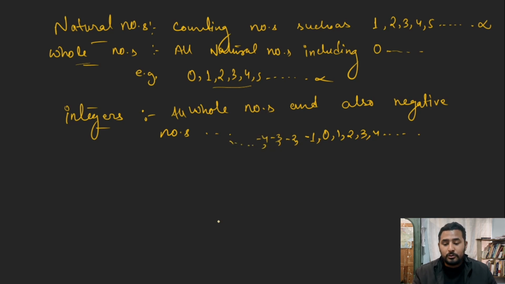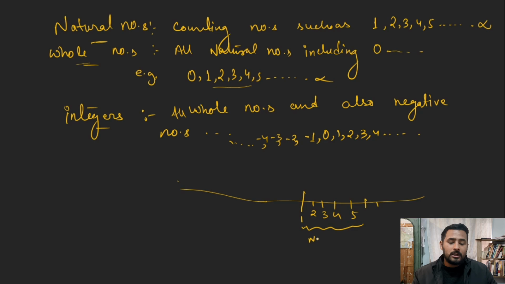So what I want to do is I will show you in number line. It will be easy for you. Okay, suppose if this is a number line. So I hope you all have done number line in your lower classes, as class 6, 7, or maybe 5. So let us see. So what I said first is natural number. So what will be natural number? 1, 2, 3, 4, 5, and so on, right? Starting from 1, it will be our natural number. So what about whole number?